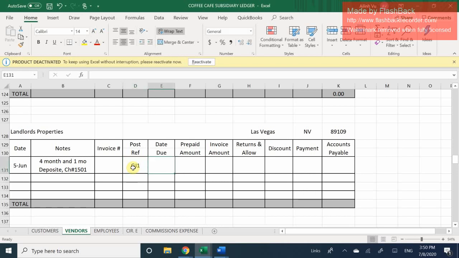Due date. There is no due date, right? Because you've already paid in advance. Okay. Now the next one says prepaid amount. Do not type this in because we did not prepay anything. Okay? We didn't pay in advance per se. The total bill that we're receiving is for $7,500.